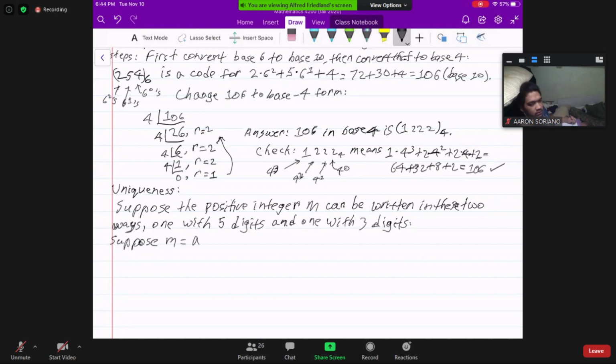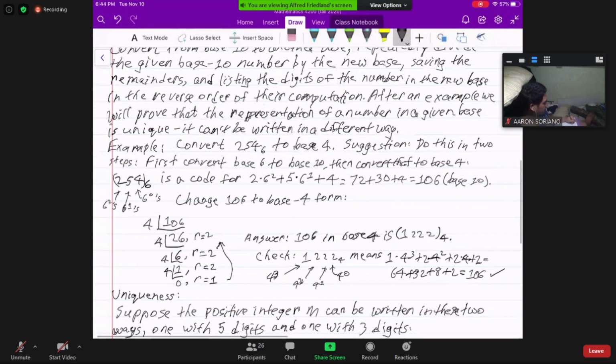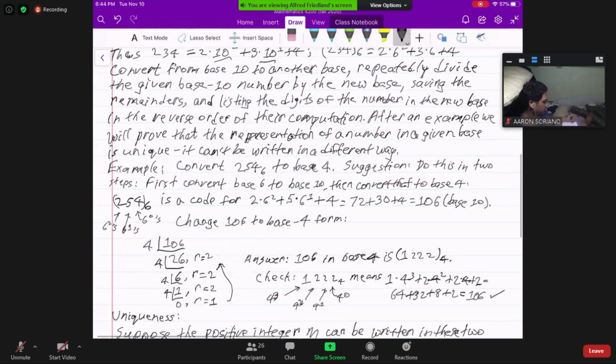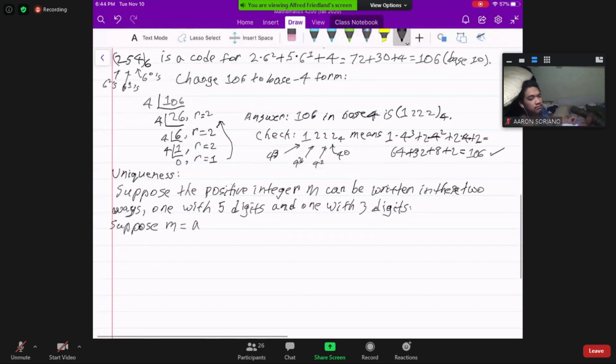I want to use letters at the beginning of the alphabet for coefficients, to avoid a lot of subscripts the way I have up here. So instead of using B as the base, I'll use R as the base, R for radix. Let R be the base.